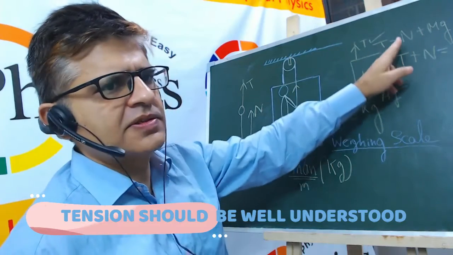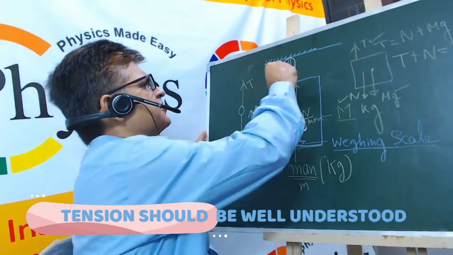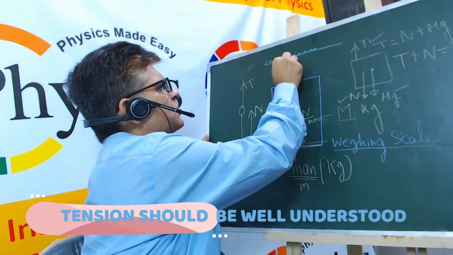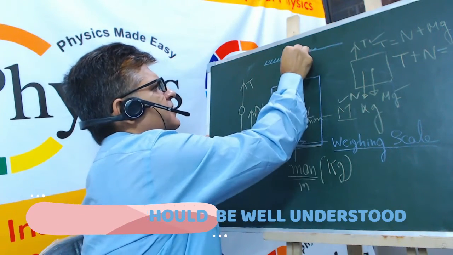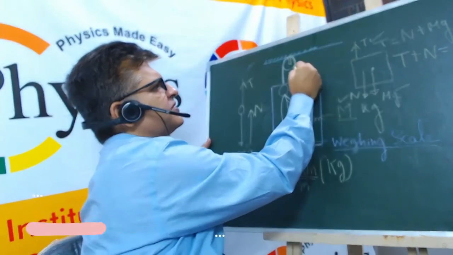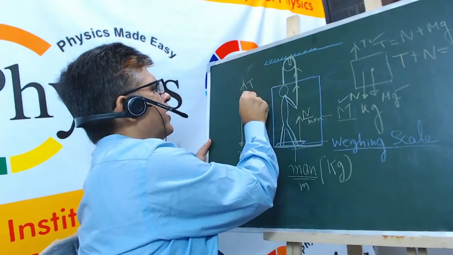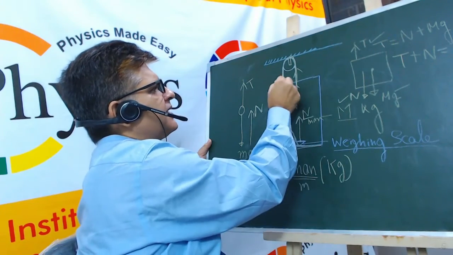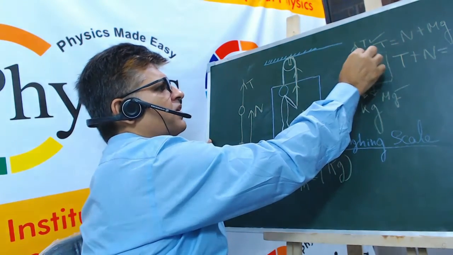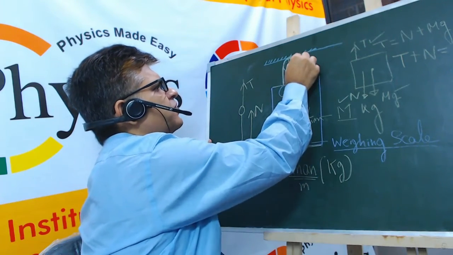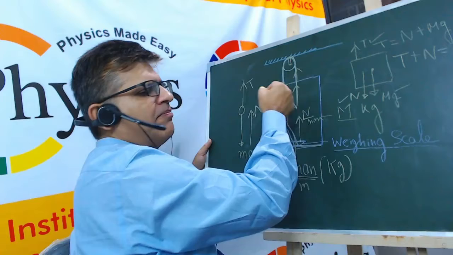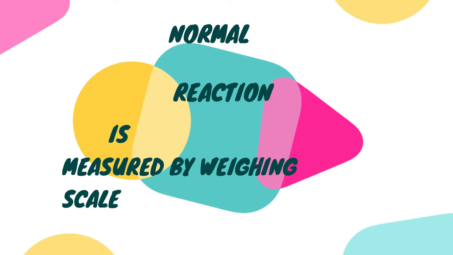So you have two equations, and the tension throughout the string is the same. The same string carries the same tension, and that is why I have taken the tension acting on the man to be T, and the tension on the block or the lift also to be T, because the tension has to remain the same throughout a massless string. That's a basic concept. So you have T equal to N plus capital Mg, and you substitute the tension in equation number 2.